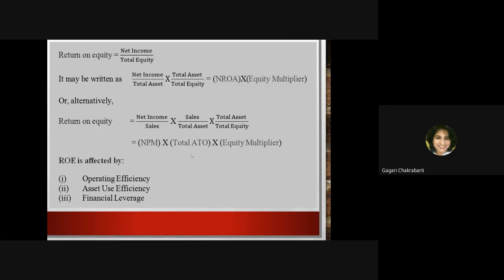So operating efficiency or the profitability, of course, the net profit margin, the asset use efficiency, total asset turnover, and the financial leverage. So these three things will be very, very important if you are talking about the stockholders' benefit or the theory of stockholders' benefit.